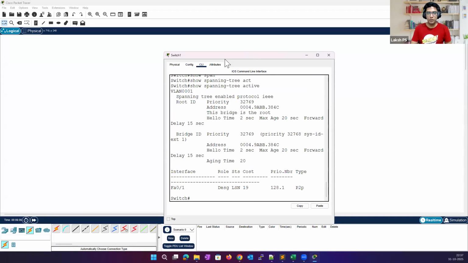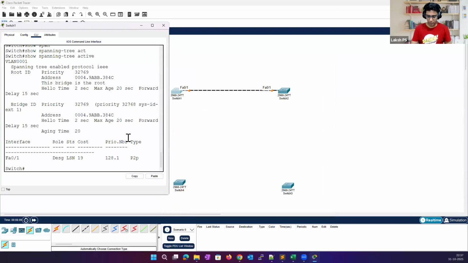We can clearly see on switch number one, it was in a listening state, then it moved to the learning state. Switch one's fast ethernet 0/0 is in the learning state, right? And then once the 15 seconds have elapsed in the learning state, it goes into the forwarding state.